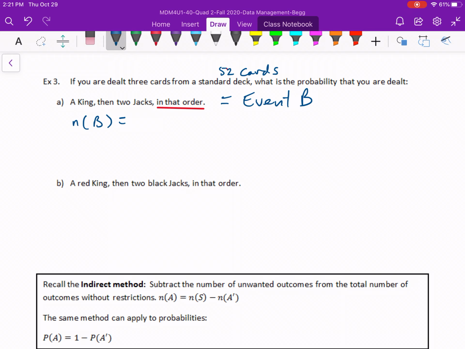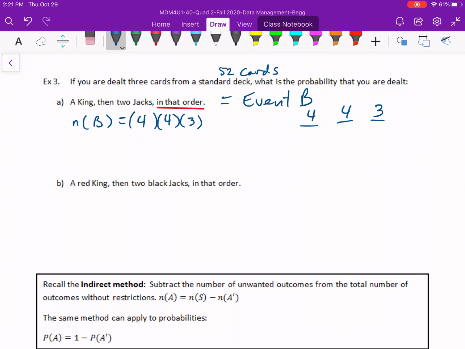I could draw the slots over here like I'm used to doing, or I could just put the numbers in. Let's do both at the same time. I've got 4 kings to choose from, so 4 in my first number. Then I've got 4 jacks to choose from as well. There's 4 of each kind of card. Once I've used a jack, however, there's only 3 left.